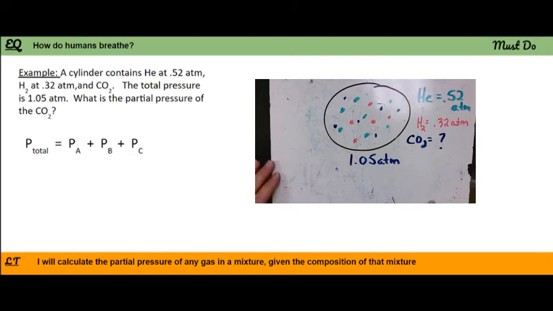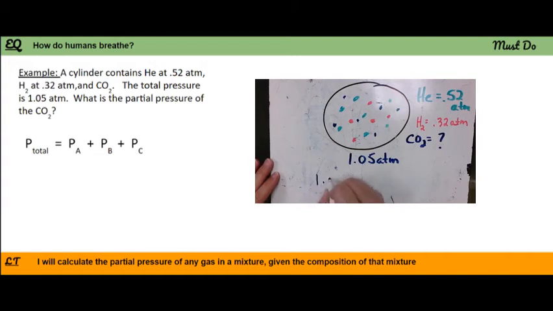So according to the law of partial pressure, my 1.05 should equal my 0.52 plus the 0.32 plus blank, right?